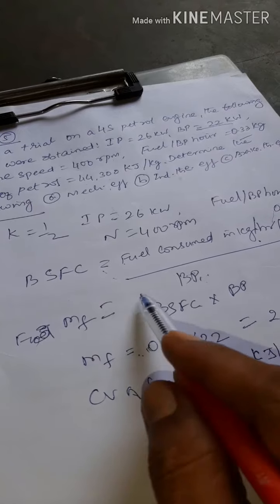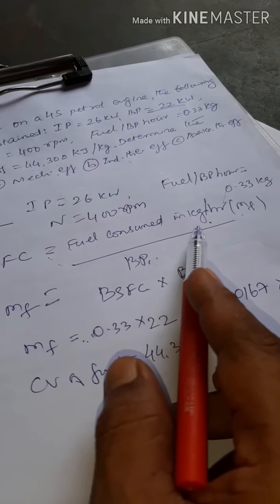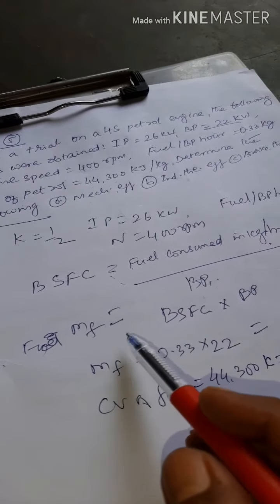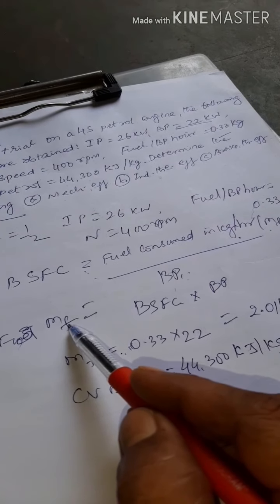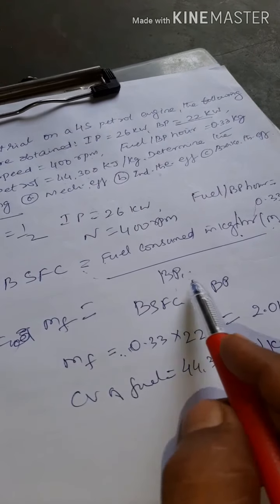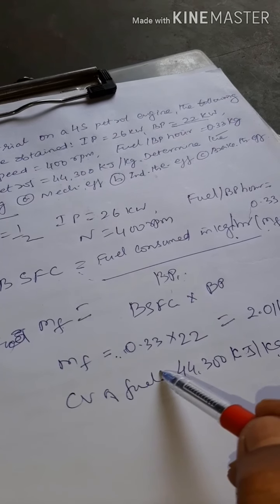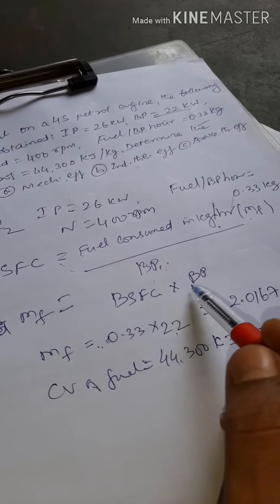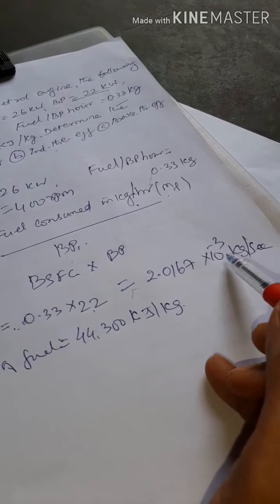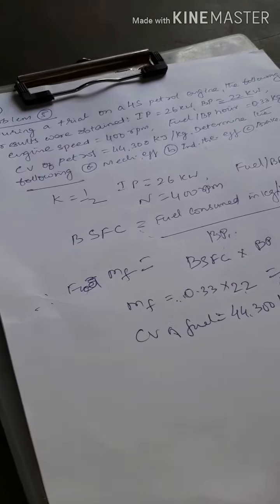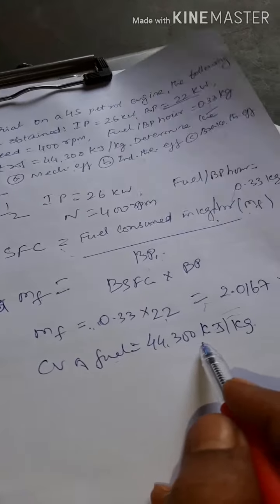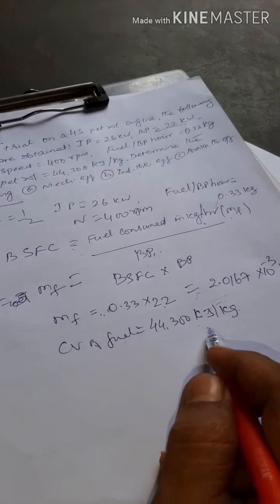So we have found it using BSFC is equal to fuel consumed in kg per hour, MF divided by BP. So MF is equal to cross multiply BSFC into BP. BSFC is 0.33 multiplied by 22, that is brake power. We are going to get 2.0167 into 10 to the power of minus 3 kilojoules per second. That is the fuel consumed. And calorific value is also given, 44,300 kilojoules.